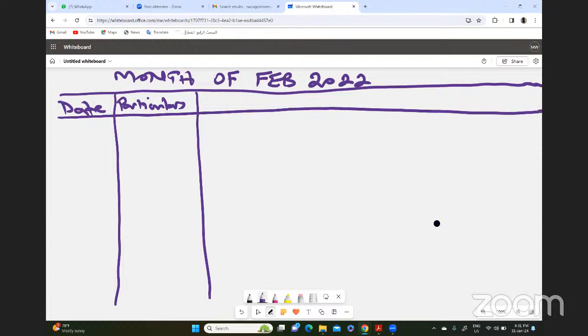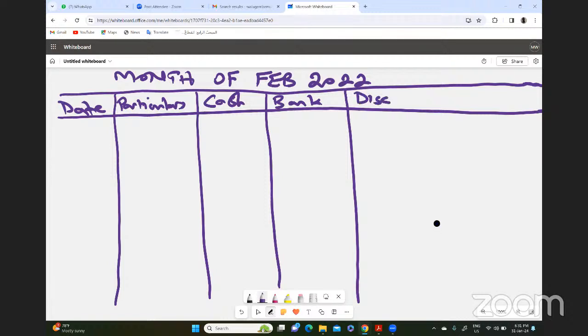But this amounts column is going to be divided into cash, bank, and then discount. Which discount do we have on the debit side? It is the discount allowed. It must come on the left-hand side, because on the left-hand side, that's where we receive. And that discount that we allow affects whatever we receive. Are we together?